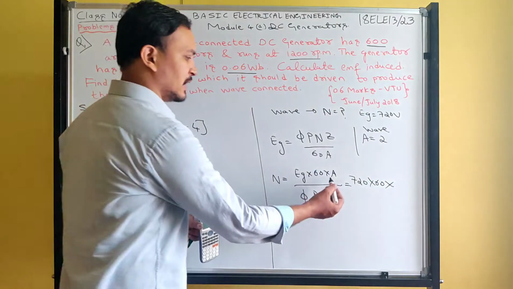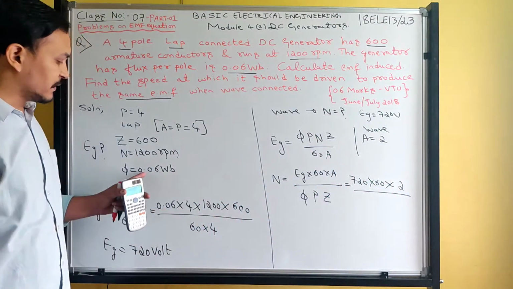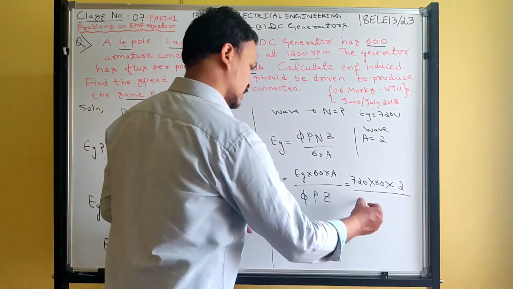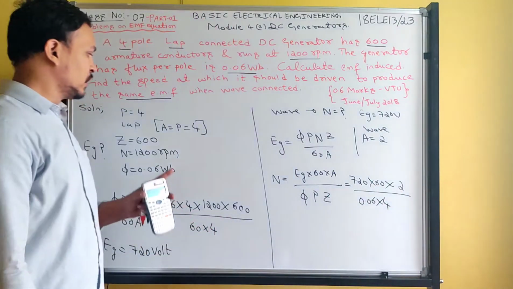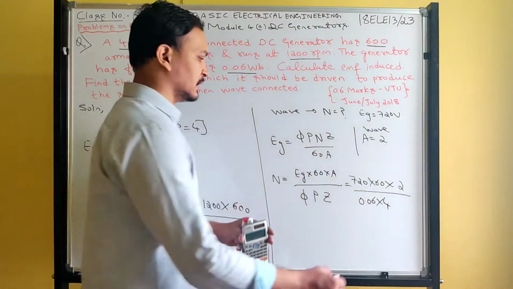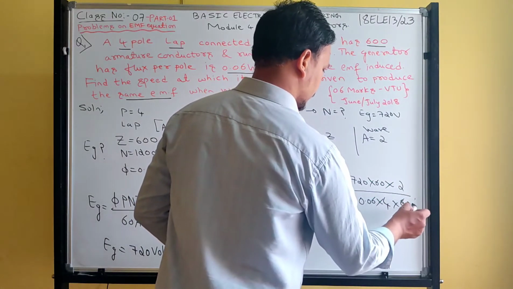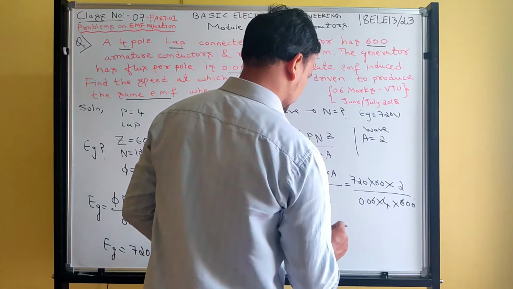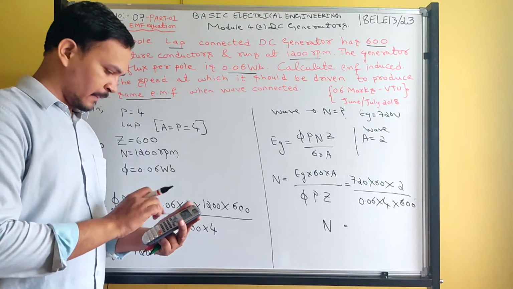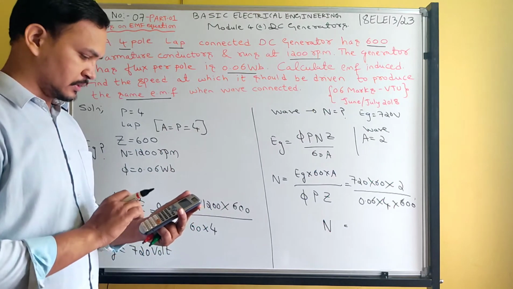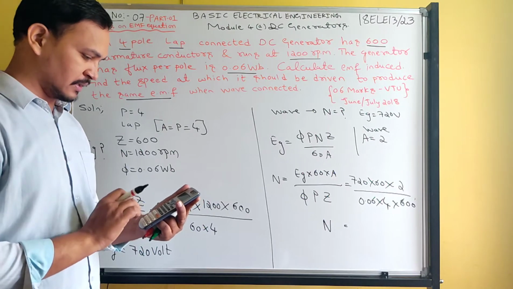So take A value 2 divided by flux 0.06 into number of poles 4 into 600 conductors. Do it in the calculator: 720 into 60 into 2 divided by 0.06 into 4 into 600.